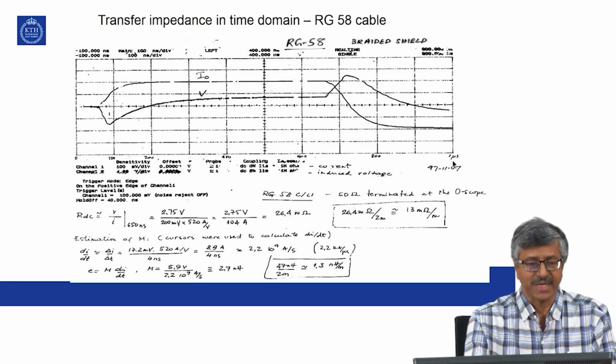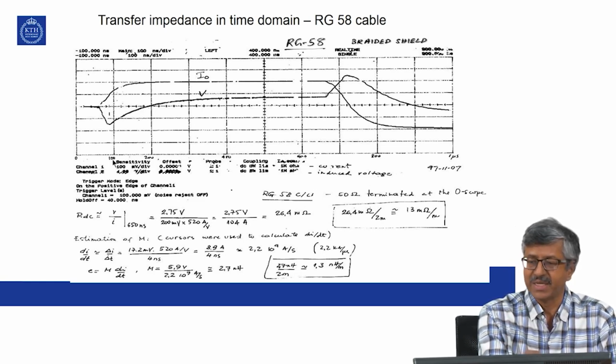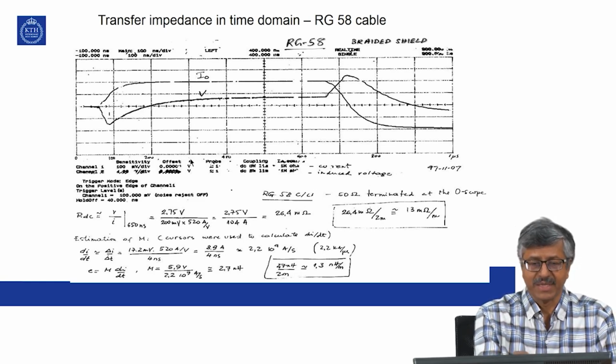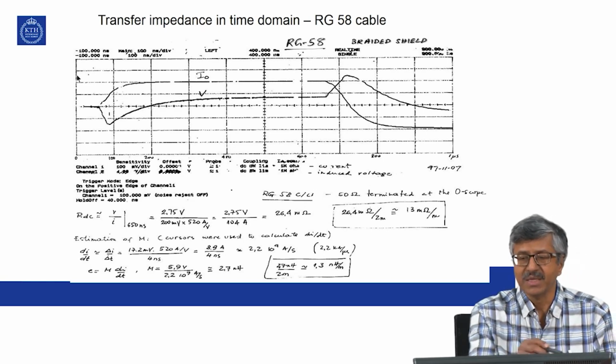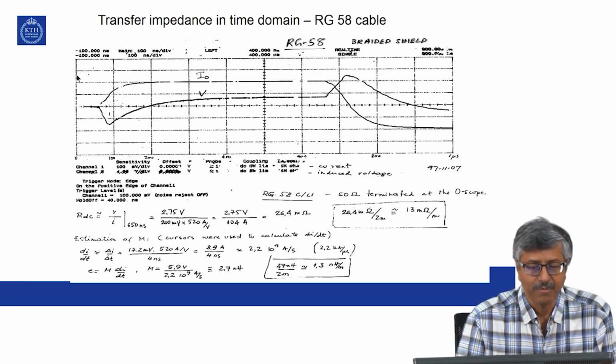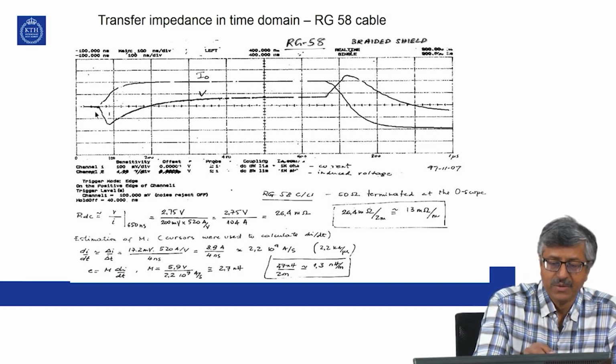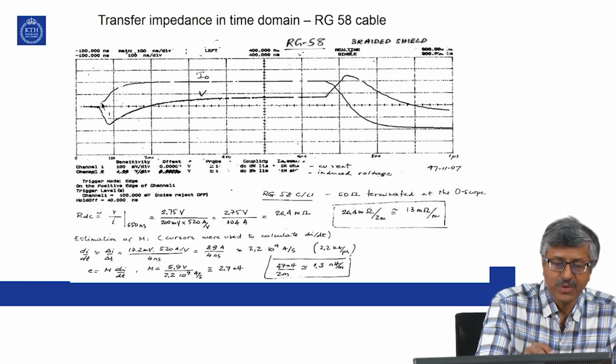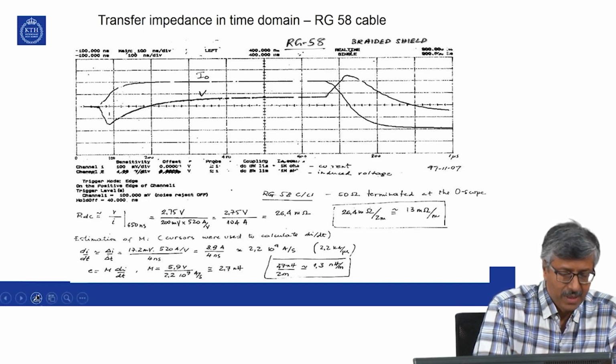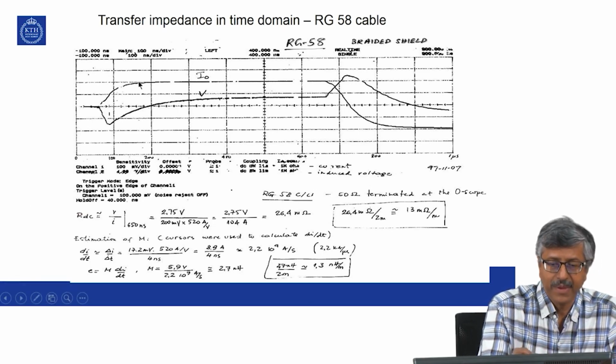This is 1 microsecond, so each division is 100 nanoseconds, and here it is in terms of voltages or currents, this scale. The current through the shield, injected using the setup that you have seen previously, is given by I0.